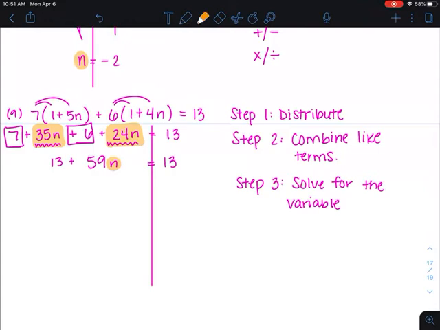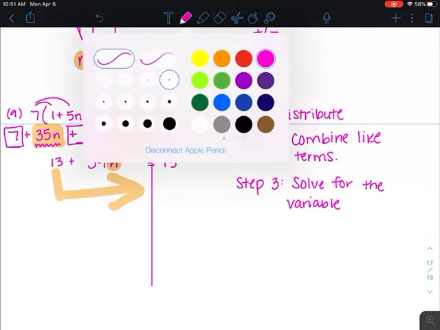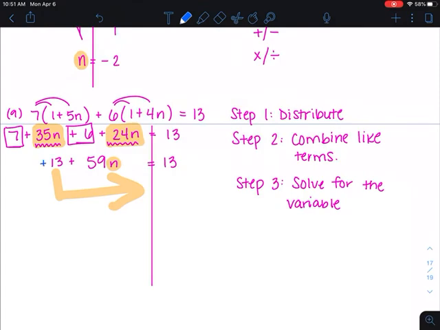So step 3, solve for the variable. So first I'm going to bring this 13 to this side. So the opposite of a positive 13, again, it's an invisible positive sign, is negative, so we're going to subtract 13 from both sides.